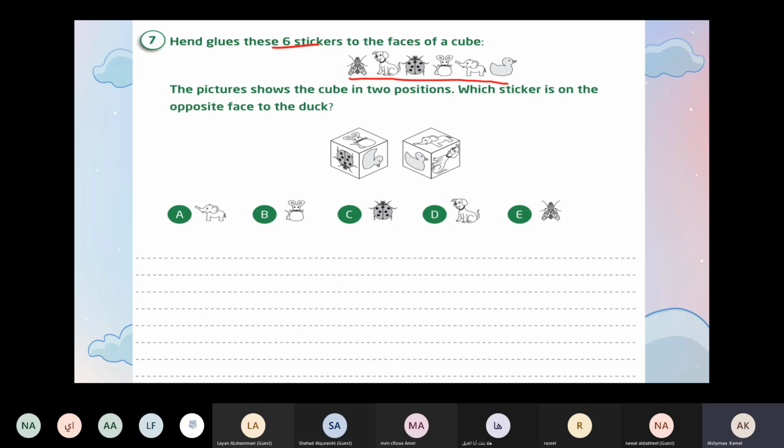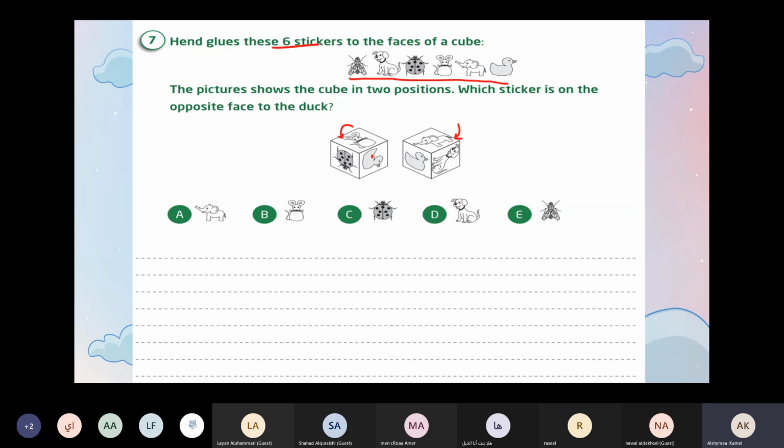Okay. Here he gave us 2 positions for the cubes. Which sticker is on the opposite face to the duck? This is the face for the duck. We want the opposite side that we didn't see. Look at the stickers here and the stickers here.